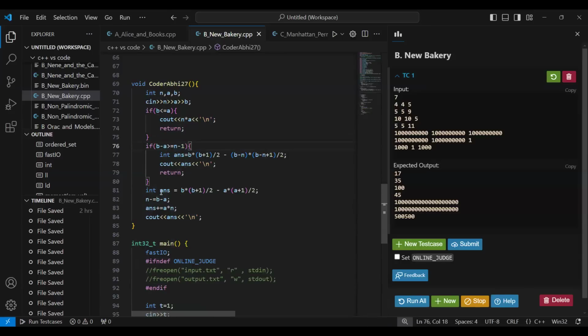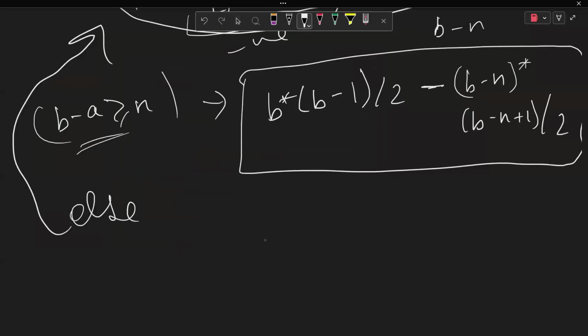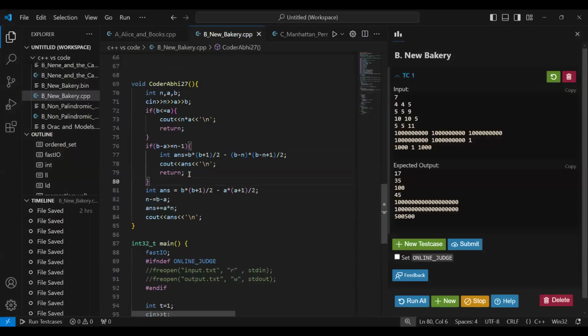So here your answer would be, as I told, B into B plus 1 by 2 minus B minus n into B minus n plus 1 by 2. That's exactly the formula I have written there, and here I have printed the answer and returned.